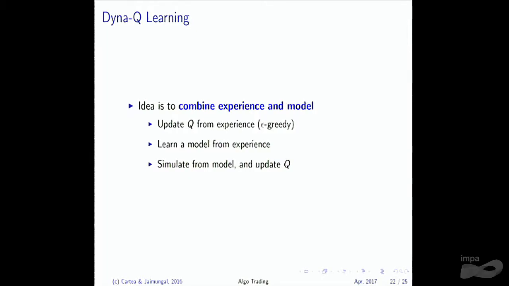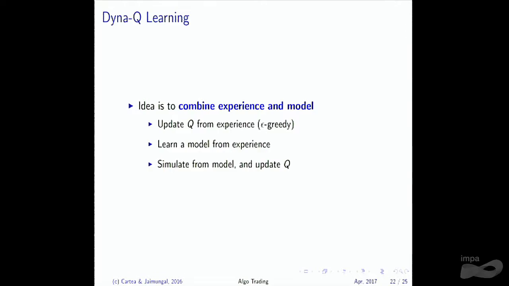Rather, it's simply the history of transitions from S to S prime that we've observed when we've taken some action A. You keep that history of stuff. And that model, you revisit and use to update your Q function between actually acting on the real world. So in other words, you have a toy model that represents the empirical observation of what transitions you've observed.